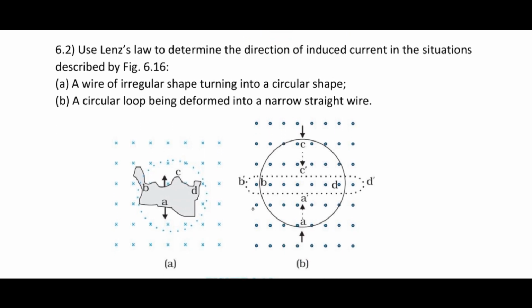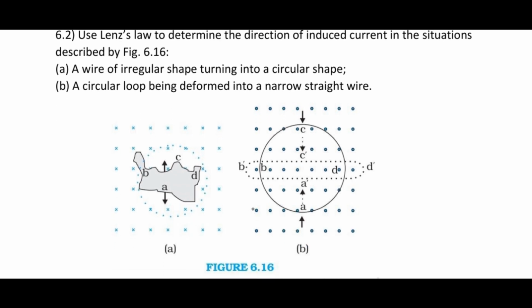If you observe the first diagram A, the irregular shape turning into circular shape means the area within the magnetic field is increasing, in the direction of the arrow marks.